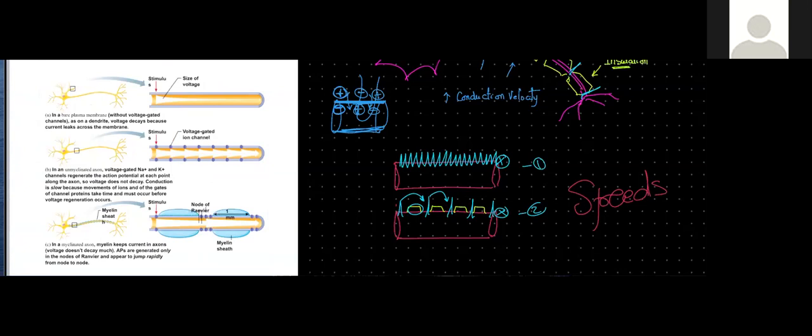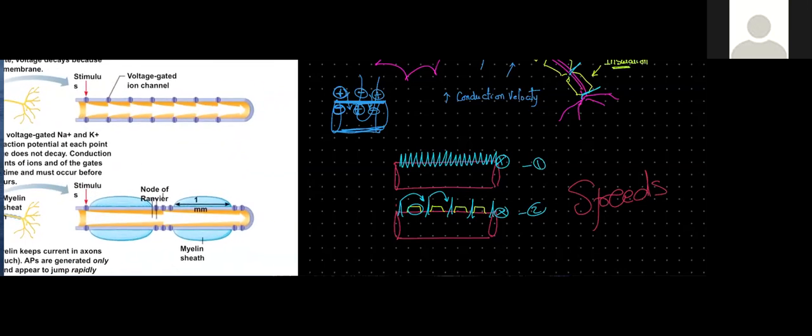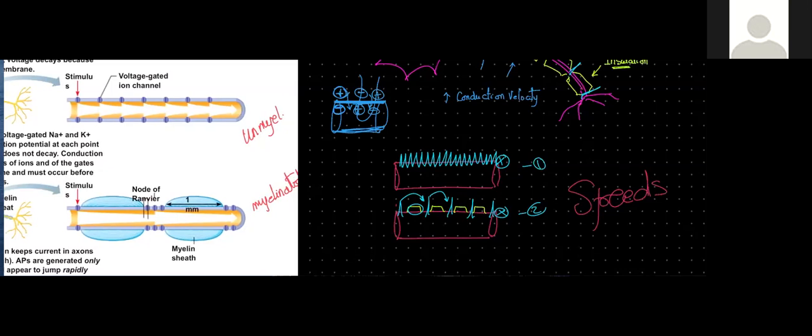All right, so you see on here, this is the difference in terms of electrical conduction along an unmyelinated and a myelinated nerve fiber. Here you need to create the action potential. You need to open the channels, close the channels, open the channel at every single segment of the length of the fiber.